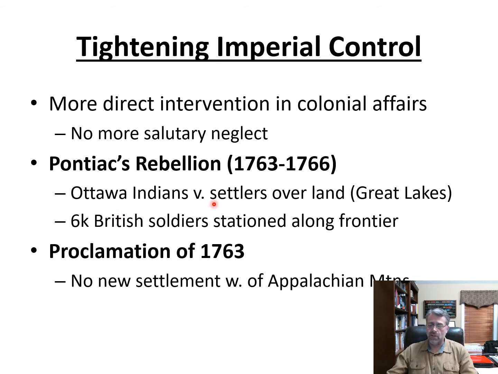There's a couple of different issues here other than just land. The Ottawa Indians have been kind of exploited in the previous years by British traders, and that starts to pick up in this year after the French have been expelled from North America.